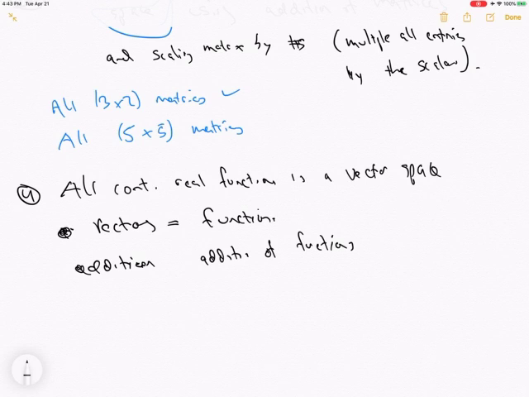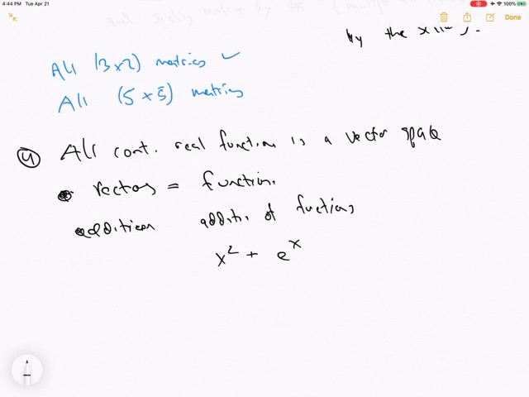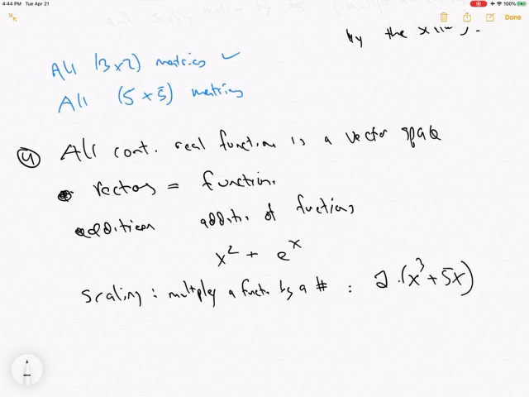So if you have the continuous function x squared, and then you have the continuous function e to the x, then you can just add them, and that is still a function. And of course, scaling is you just multiply a function by a number. It's still a function. So for example, you can do 2 times x cubed plus 5x. That's still a function.